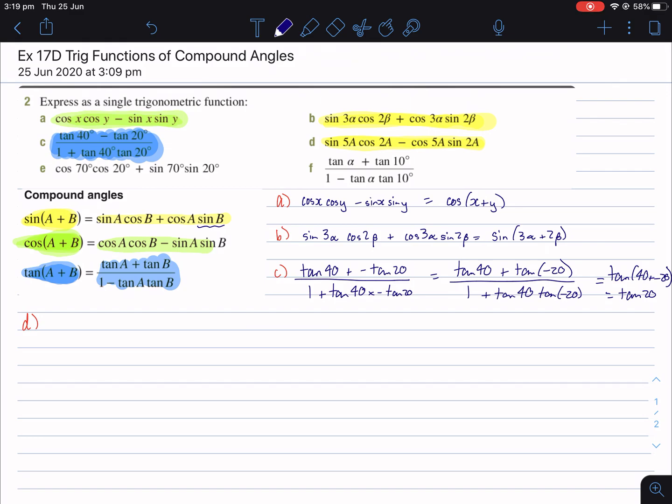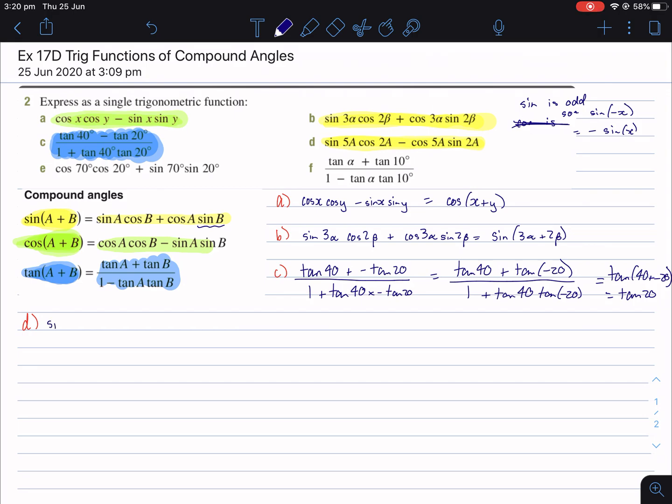I reckon that because sine is odd, cos is, well, I can't remember what cos is, but I know sine is odd, so sine of negative x is going to be the same as minus sine of x, yeah?